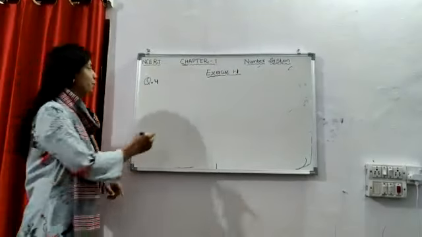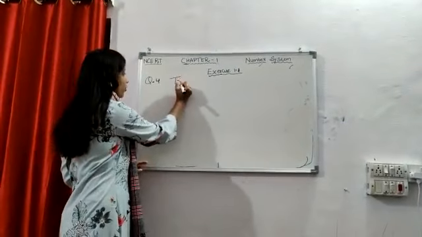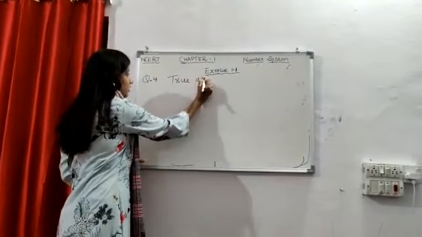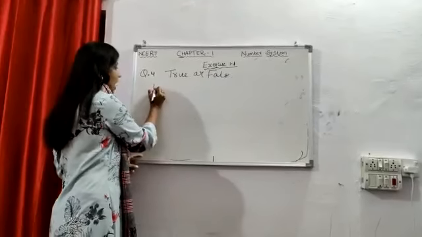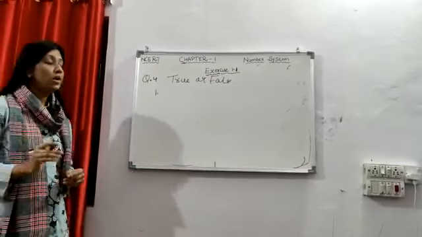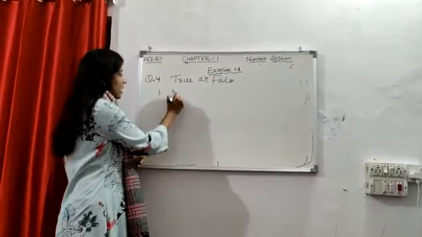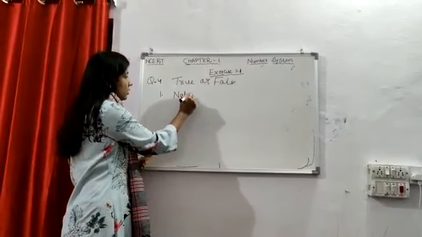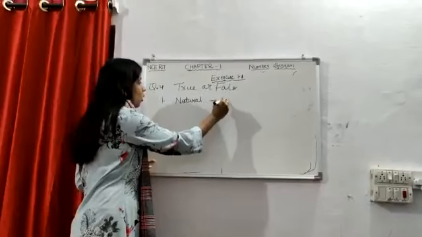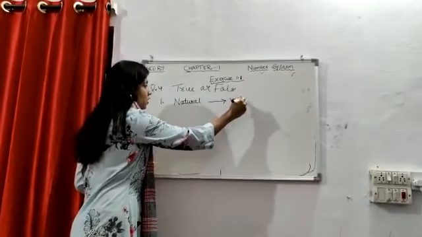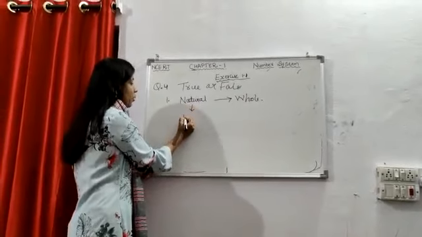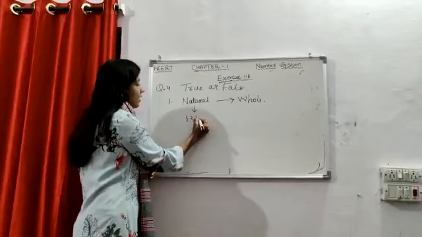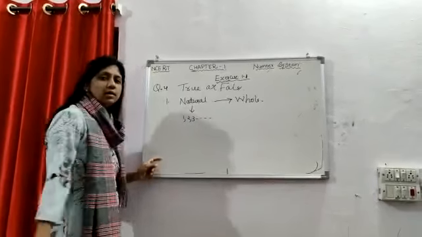Now in question number 4, we have true or false. The first statement says, every natural number is a whole number. Is it true or false? I know that the natural number family starts from 1, 2, 3 and goes forever.